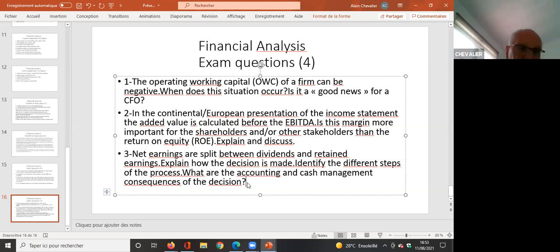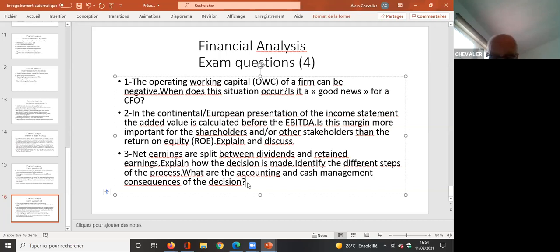For example, dividends would be 40%, and retained earnings would be 60%. After that, and this is the last step, there is a problem of implementation, enforcement, which means that the CFO and his team are in charge of that.